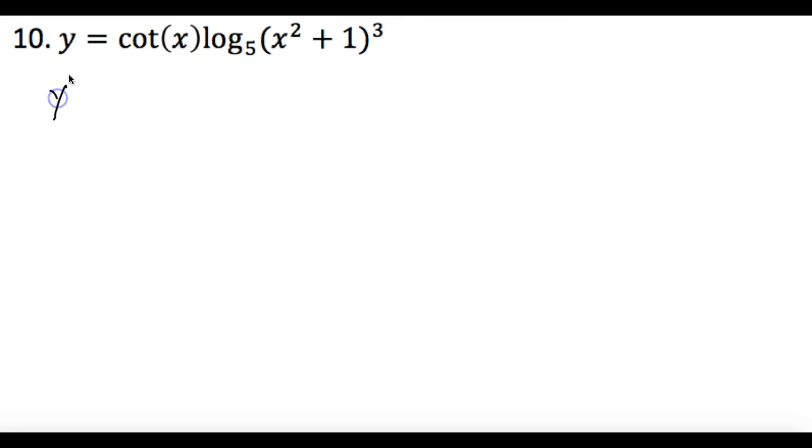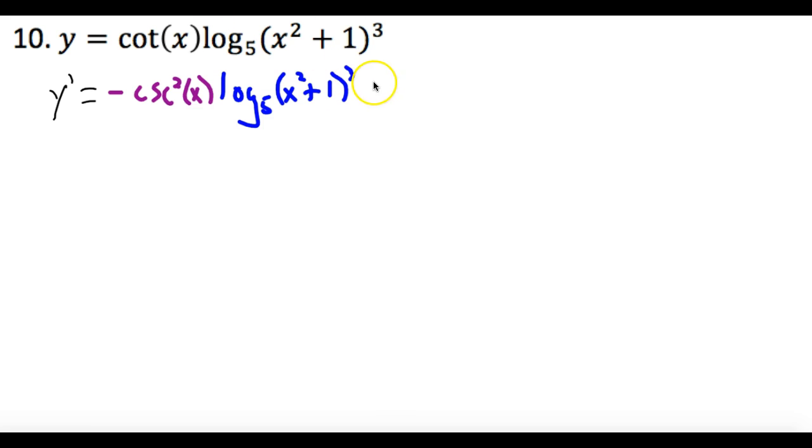So my derivative here will be derivative of the first, so the derivative of cotangent is negative cosecant squared times the second, so just times log base 5 of x squared plus 1 cubed, then plus the first, so plus cotangent of x times the derivative of the second.